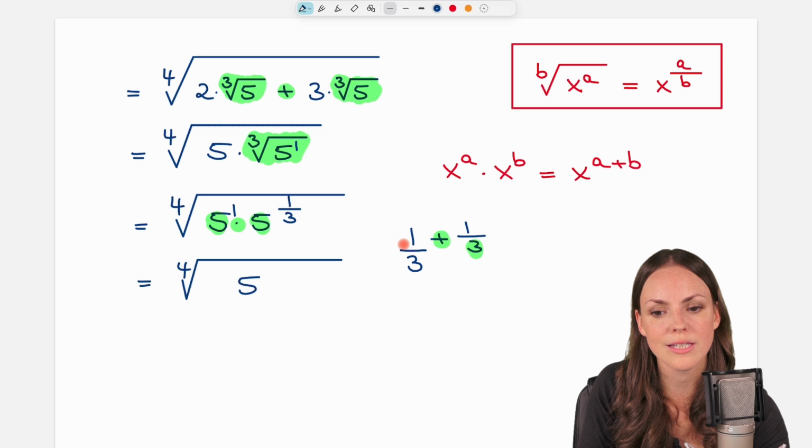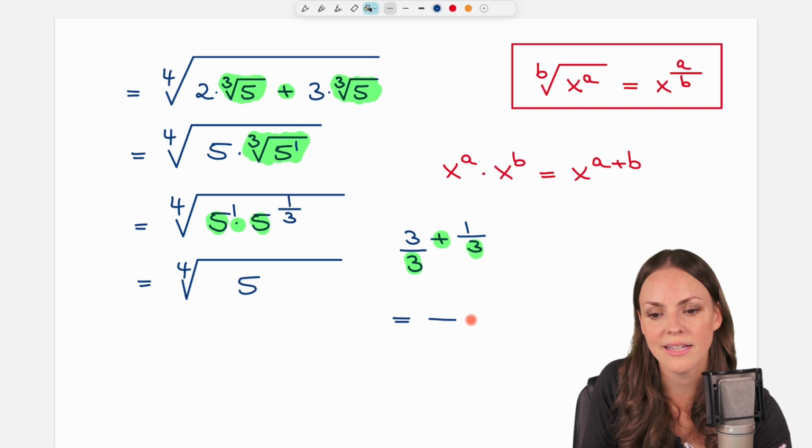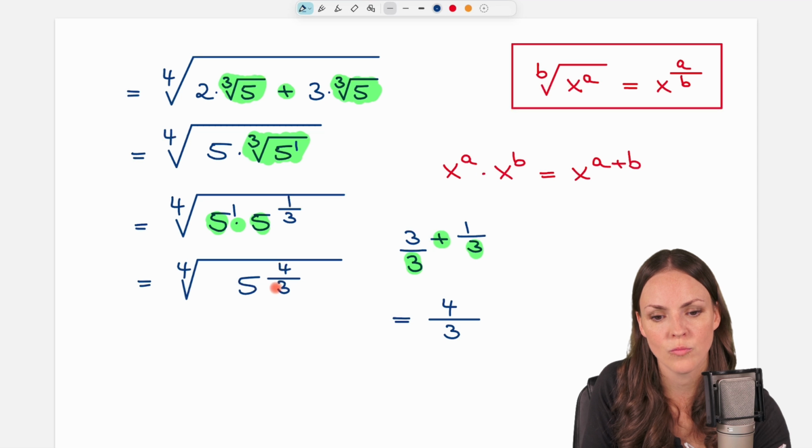We just have to do the same on top here. 1 times 3 is 3. And now we have the same denominators, so we can add these fractions. We keep the denominator, and on top we have 3 plus 1, which is equal to 4. So this is our new exponent now. We have 4 over 3.